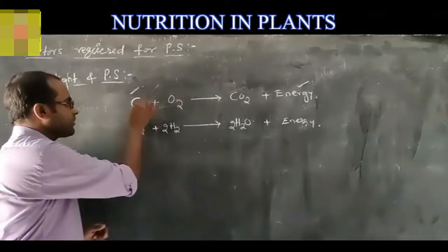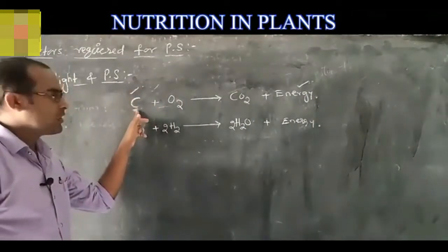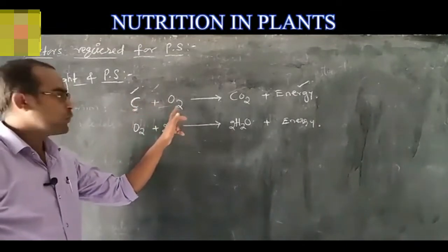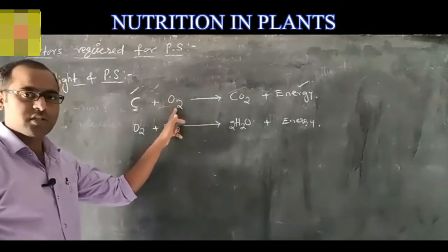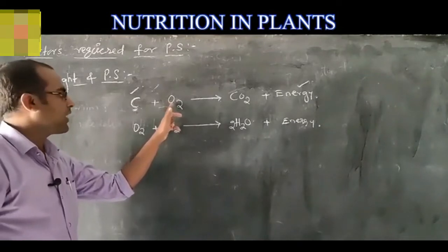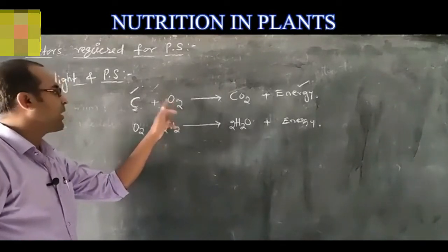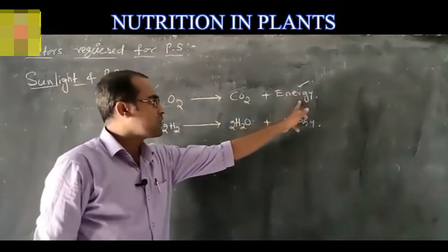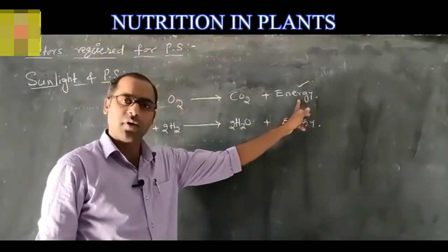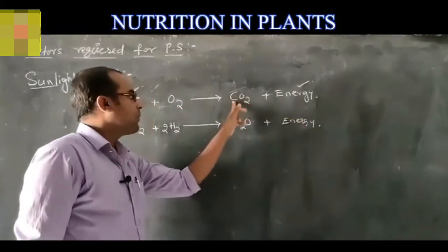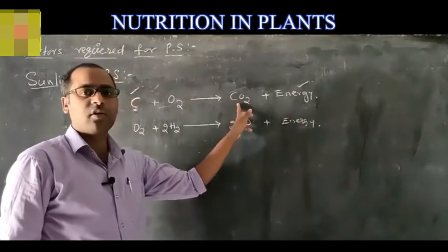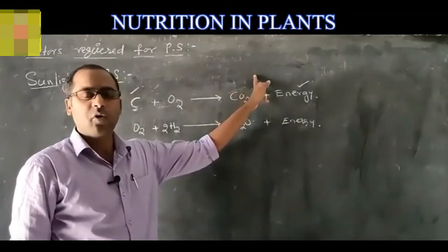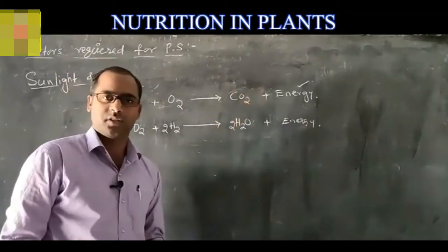The carbon materials, carbohydrates, combine with the oxygen taken up in the inhalation process, and it produces energy. This energy is utilized for our body needs, and the byproduct, the waste material not needed for our body, is removed through the exhalation process.